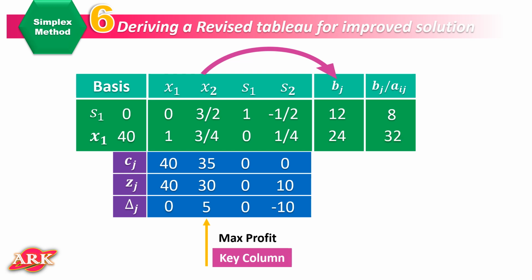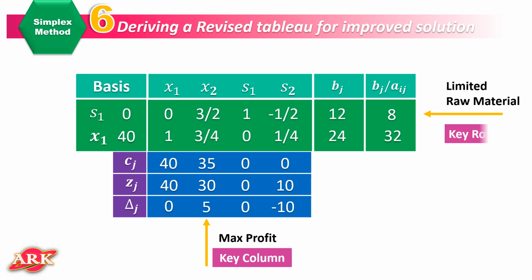These 8 and 32 represent the number of products that we can make if we allocate the raw material and manpower completely for only x2. And because of the limited raw material, we can only produce 8 products per week, and let this be the key row.